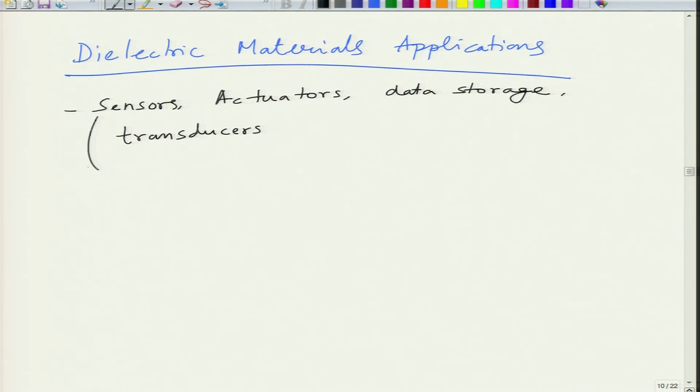So, sensors means they are used for sensing. Okay. So, it could be sensing gases, it could be sensing displacements, this could be sensing stress. So, sensing any kind of stimuli.